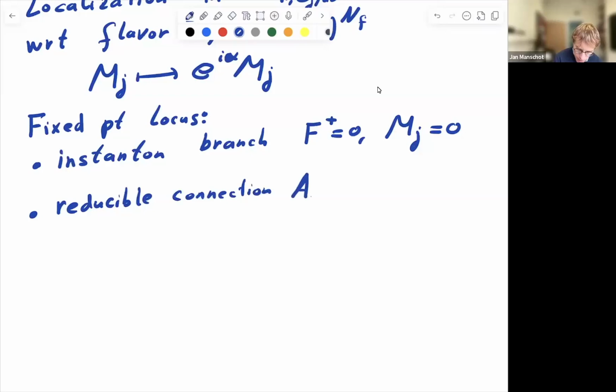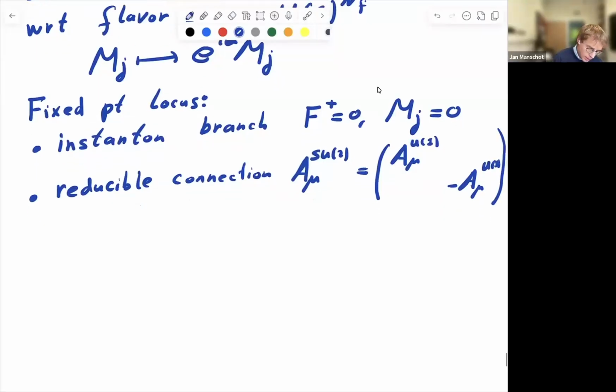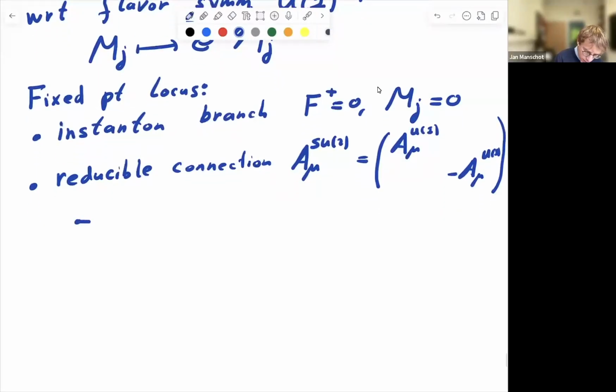So this is the SU(2) connection, taking the form of A_mu^{U(1)} minus A_mu^{U(1)}. And for the adjoint representation, M is upper triangular.